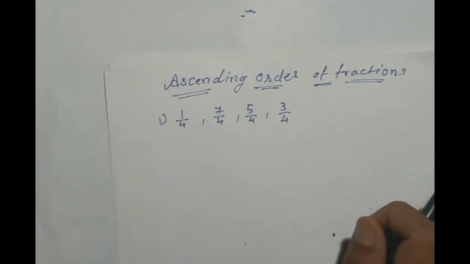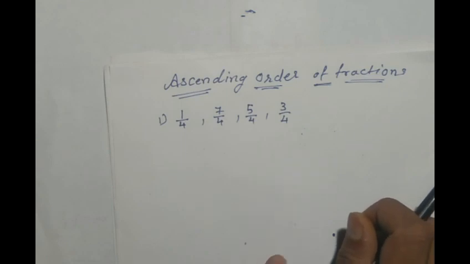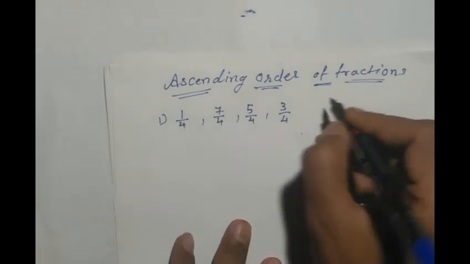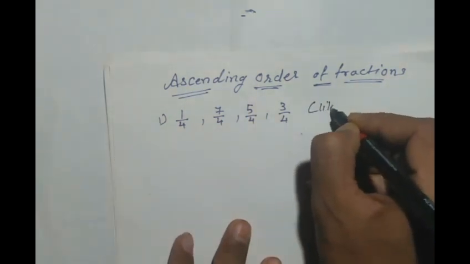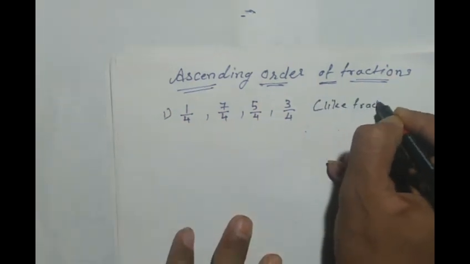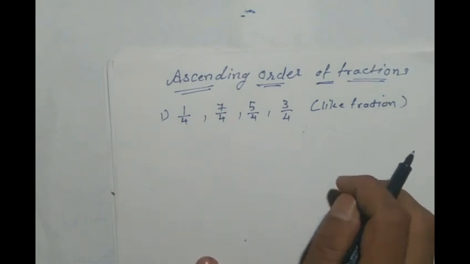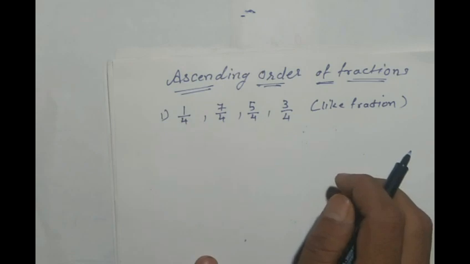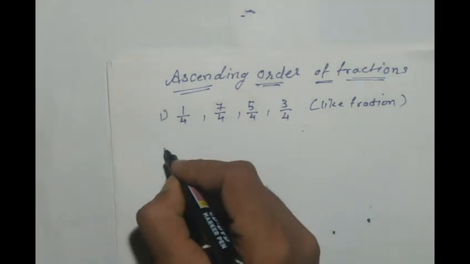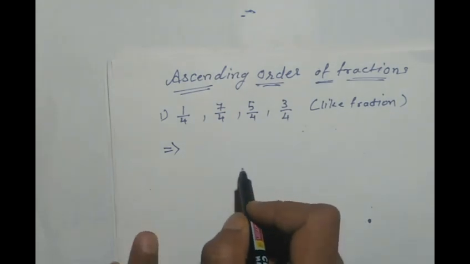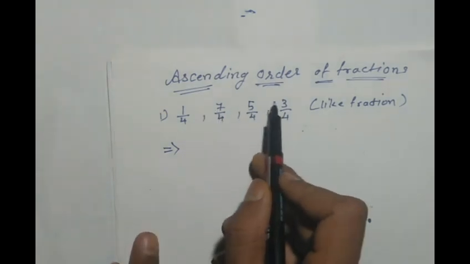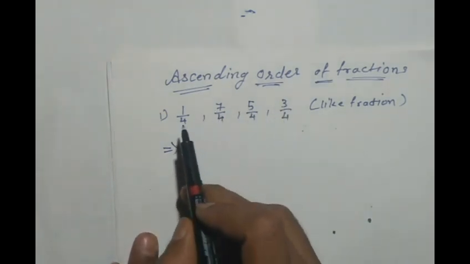Now the first question is one in which all the fractions have same denominators, means they are like fractions. So when we arrange like fractions, it's easy to arrange them in ascending order. Just you have to see the numerator only because denominators are same.